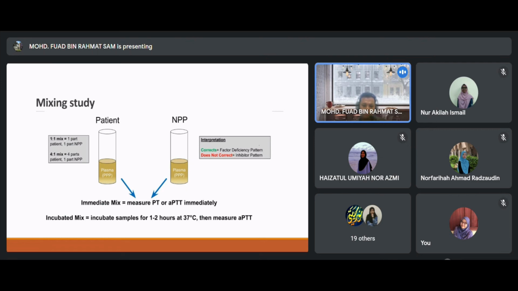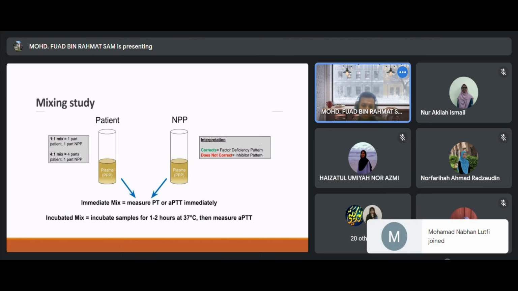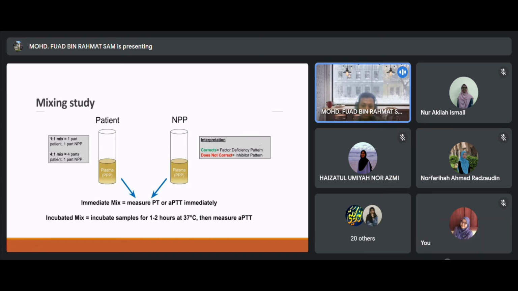The patient plasma and normal pool plasma may be mixed in different ratios, but usually the ratio we use is 1:1 plasma. If the clotting time corrects after the mixing, this likely represents factor deficiency. If the clotting time does not correct after the mixing, this pattern likely represents an inhibitor.